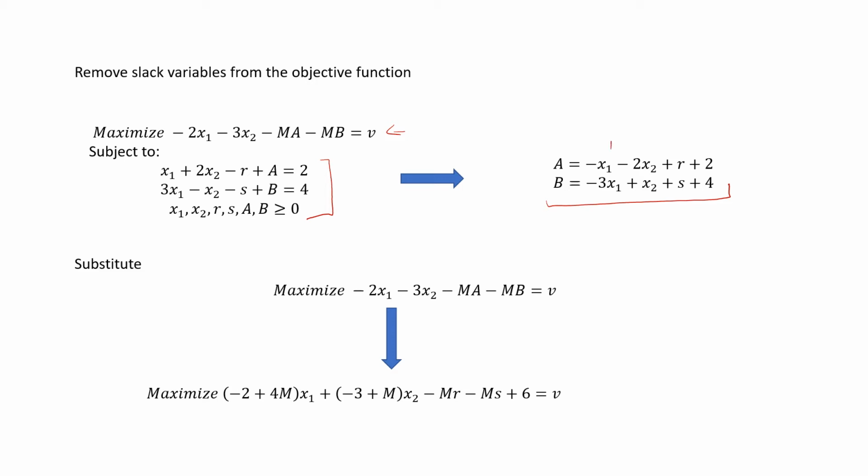Now I can take that, substitute it in there, and I get rid of my A and B. So when I substitute my A equals that and B equals that in my objective function, calculate it all out, remembering that the M is still in there, we get a new equation to maximize where we have our surplus variables in there, that's fine, but our basic variables, the artificial variables, the A and the B, are now gone. Now we are in a format that we can solve.